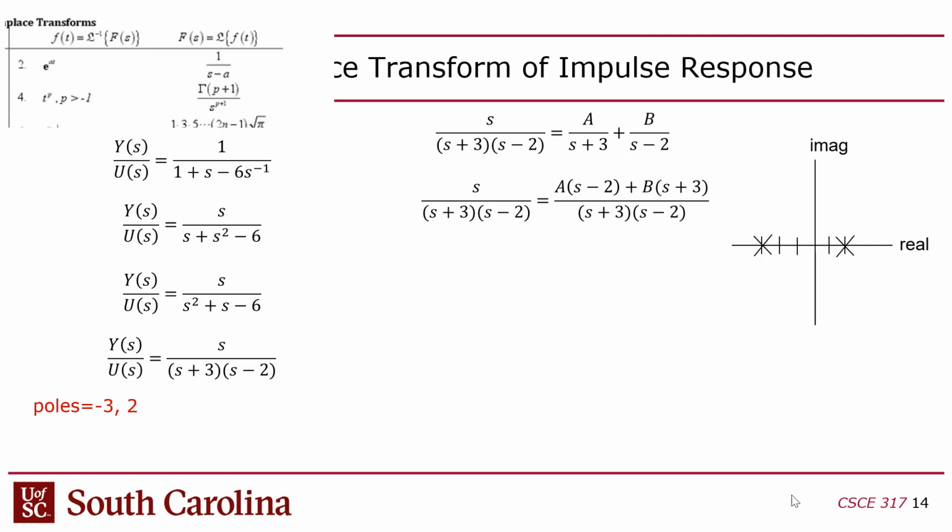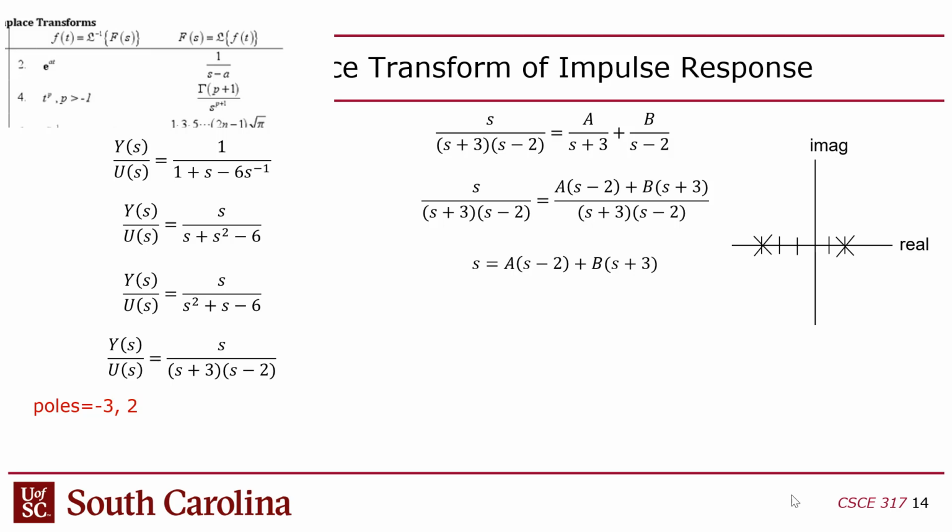And you get this expression, right? Makes sense? So these are equivalent, right? Okay, and then if you have it in this form, you can cancel out the common denominators here. So you have S equals A times S minus 2 plus B times S plus 3.